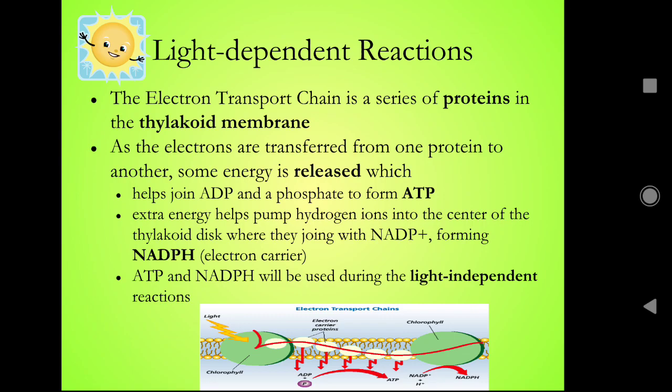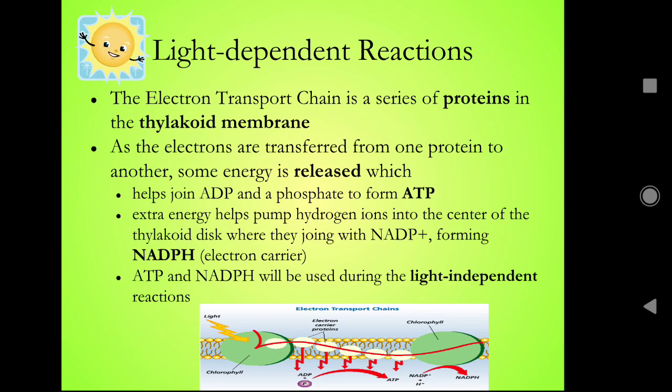In ATP, that's a high energy molecule. ADP is a low energy molecule. So think about it like recharging a battery. And the same can be said about NADP+. NADP+ is an electron carrier, so it can take on the additional electron, go through the electron transport chain to process these molecules to use them in the Calvin cycle or the LIRs.